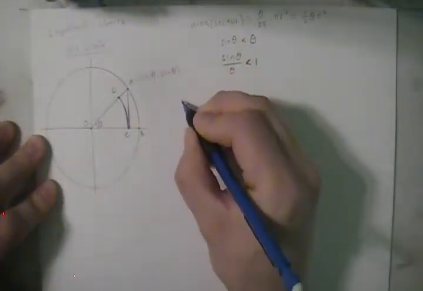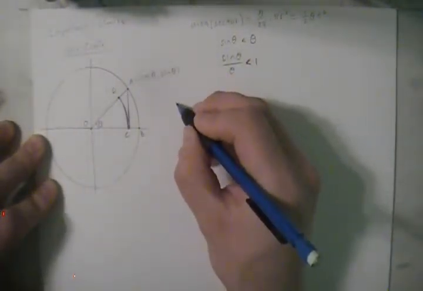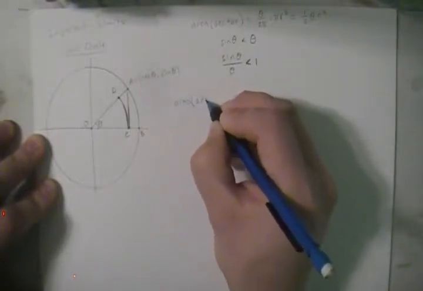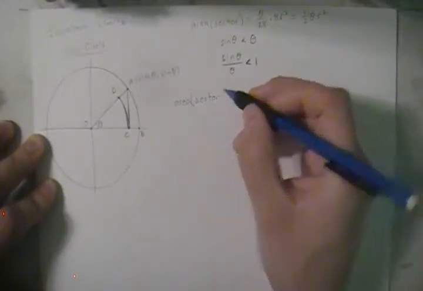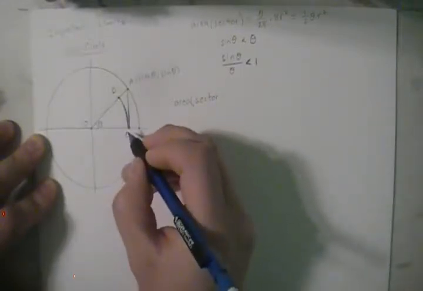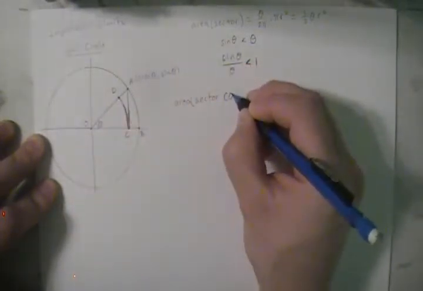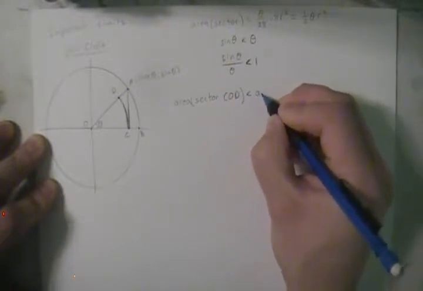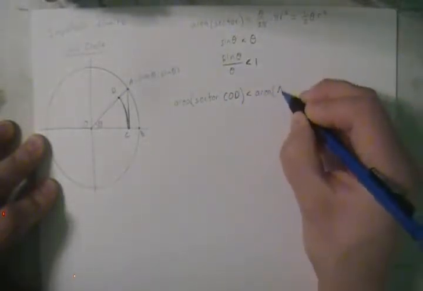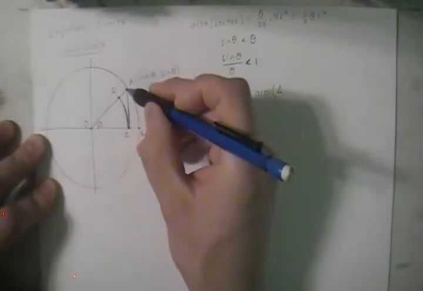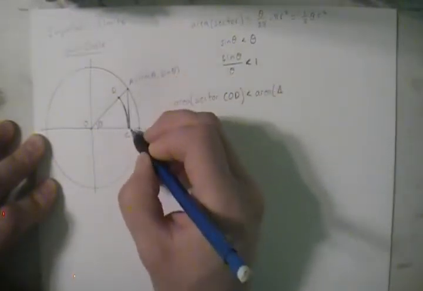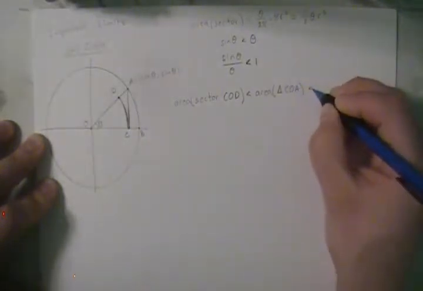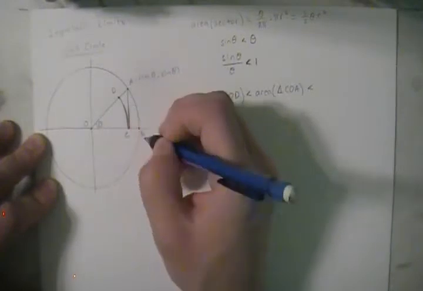The important limit formulas that we need to know are going to come from the fact that the area of the sector, we'll call it sector COD, is less than the area of this triangle here, the triangle COA, which is also less than the larger sector BOA.